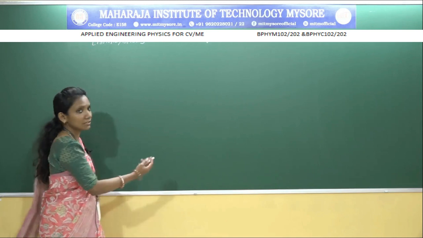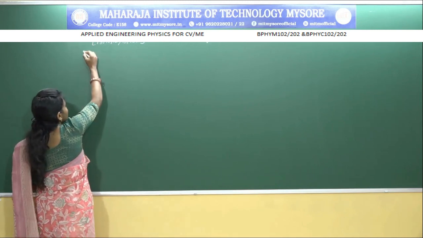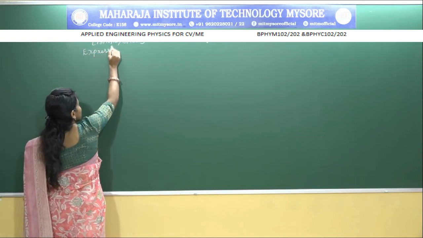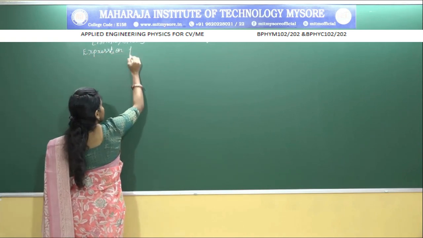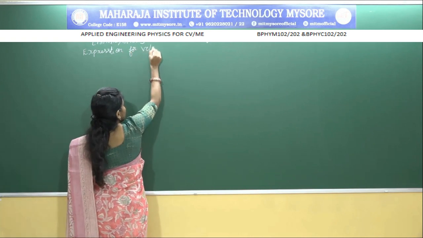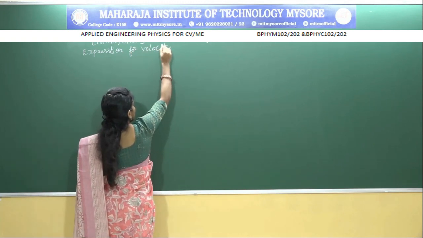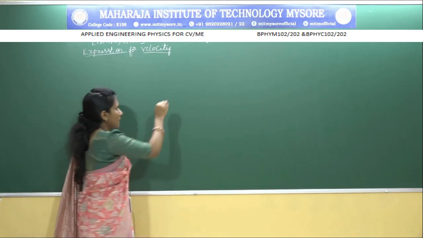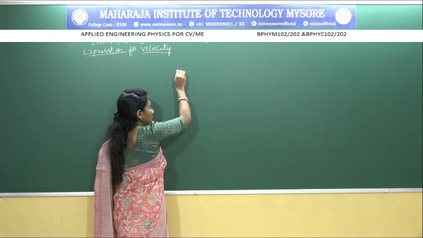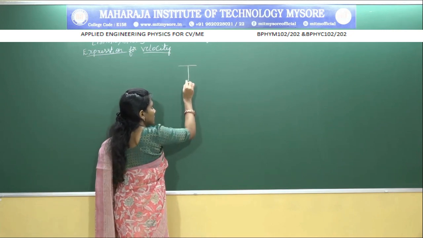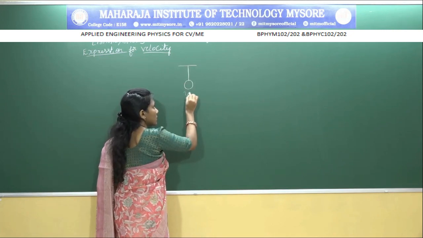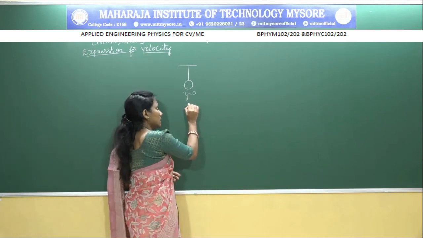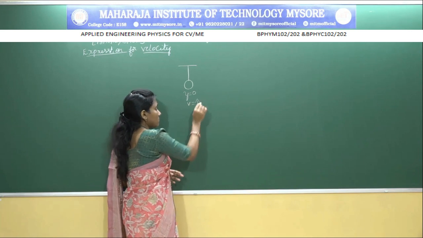So, first let us find the expression for the velocity. We know that when the particle is oscillating, at the mean position the displacement will be 0 and the velocity will be maximum.